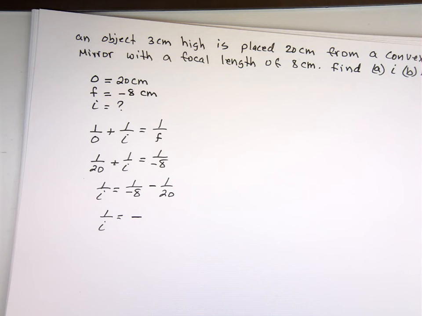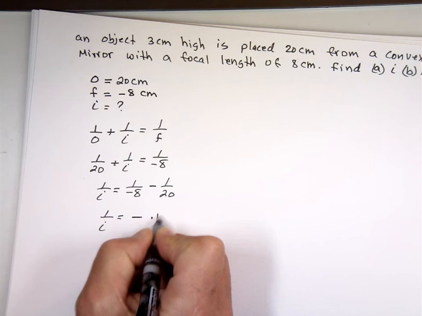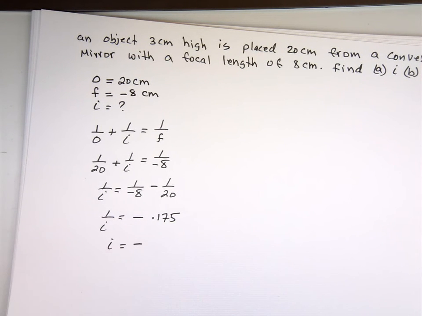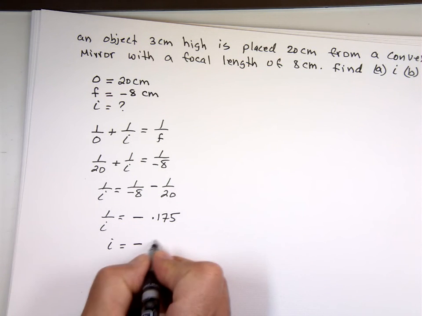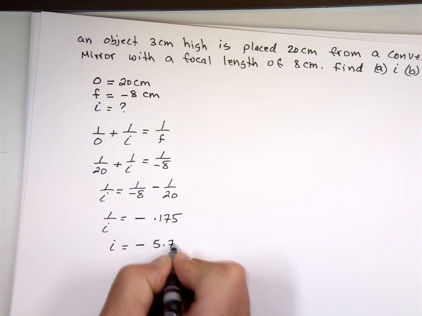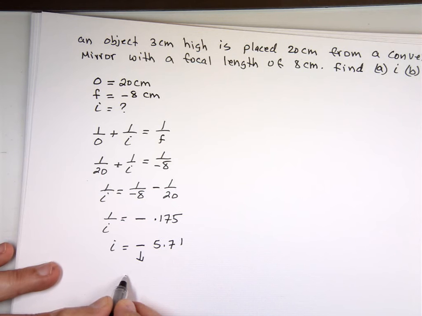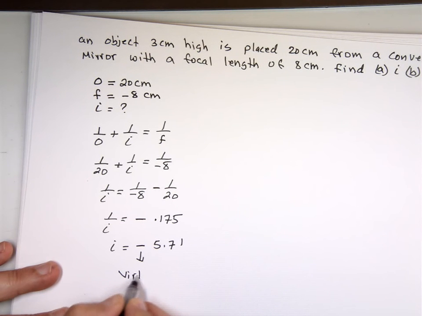What is I equal to? 5.7 with a negative. Again, the negative sign tells me what? Virtual image. What does virtual mean?